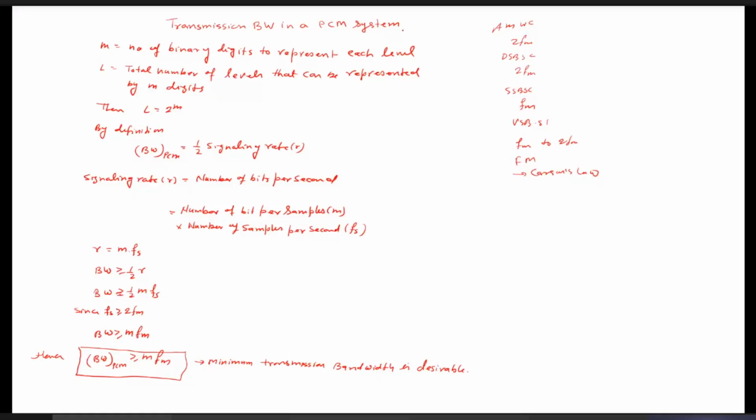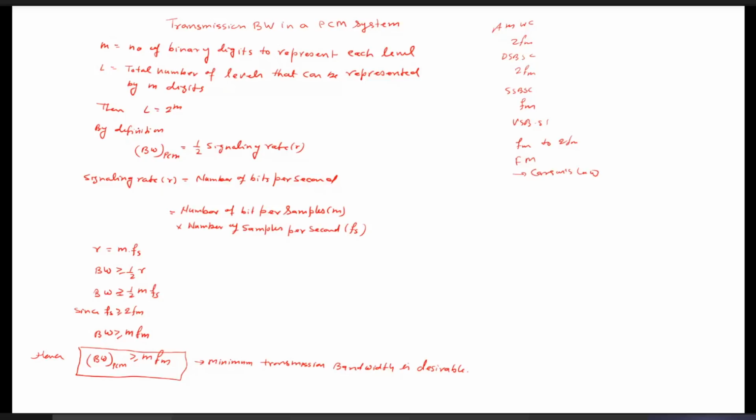For that, we assume M, as we have already assumed, as the number of binary digits used to represent each quantization level, and the total number of quantization levels is given by L. Definitely L equals 2 to the power M, as we have seen.